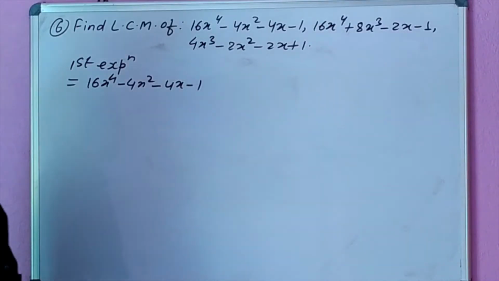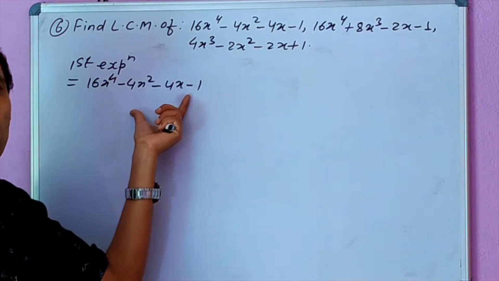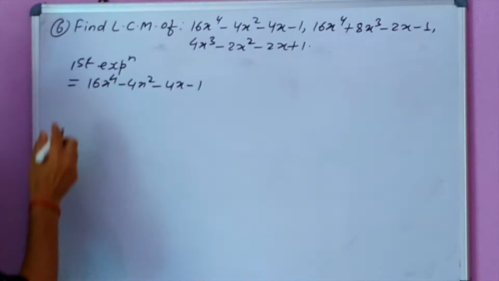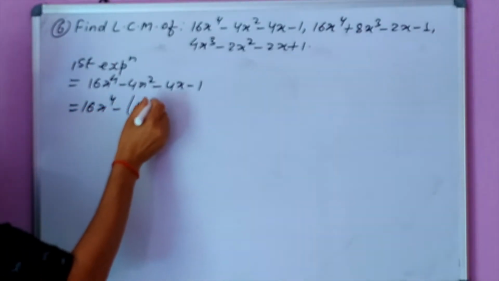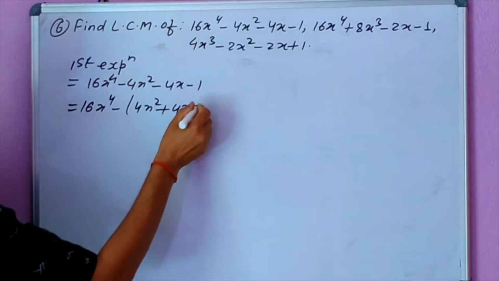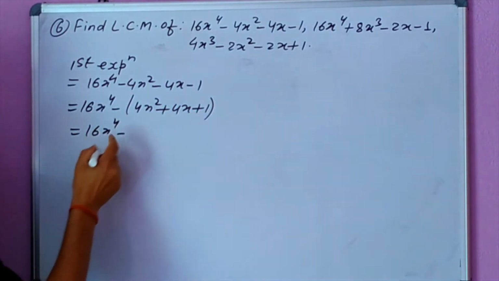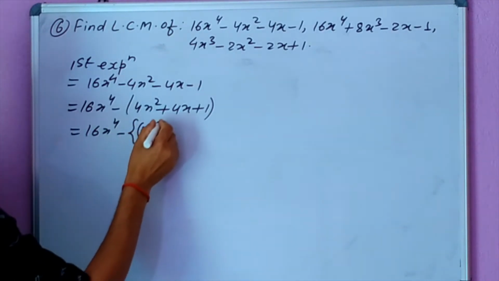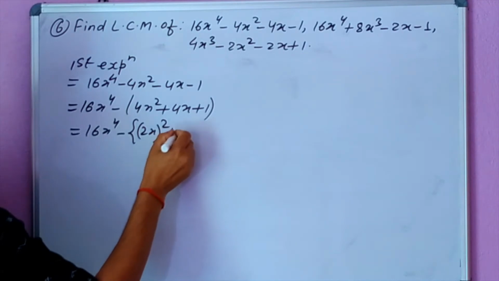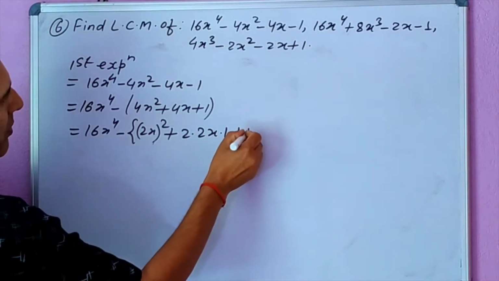We can factorize this by taking a minus common in the last 3 terms, because after taking common they complete the square. The 16x power 4 minus, common, 4x square plus 4x plus 1. This 4x square plus 4x plus 1 is in the form of a square plus 2ab plus b square, where a is 2x and b is 1, b square 1 square.